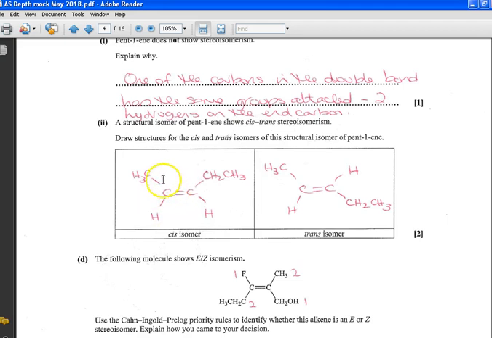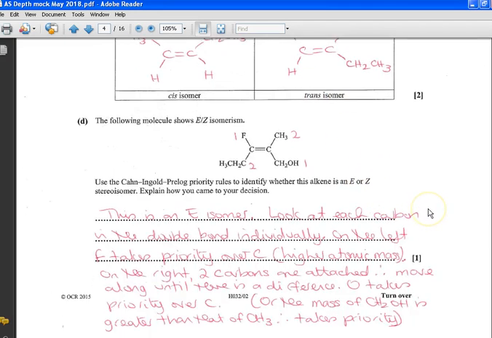This carbon on the left has got a CH3 and an H, and this carbon on the right has got a CH2CH3 and an H. That's the difference between forming stereoisomers or not. And then the cis-trans: cis, remember you've got the hydrogens on the same side, cis for sisters, and then trans, hydrogens on opposite sides.